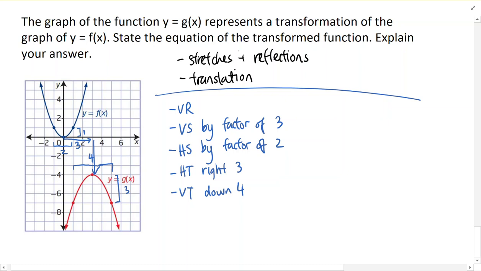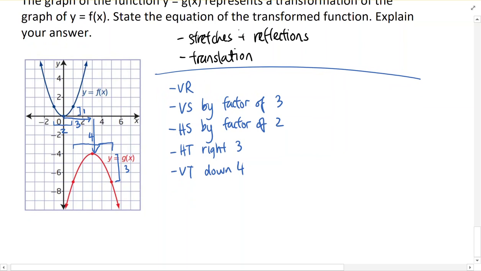Now that we have these values, let's put them all into the equation. Vertical reflection is a negative sign. That means we know a is equal to 3. b is going to be half. Remember, you need to take the reciprocal. h is 3.